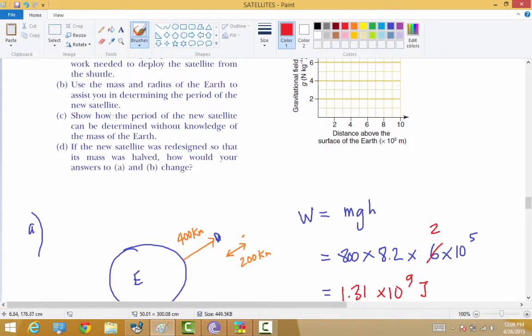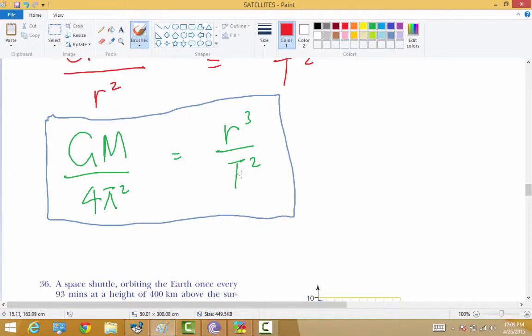Show how the period of the new satellite can be determined without knowledge of the mass of the Earth. We said that for all satellites orbiting a common large body, these two values will be constant.